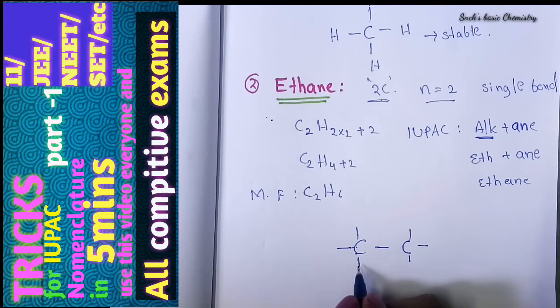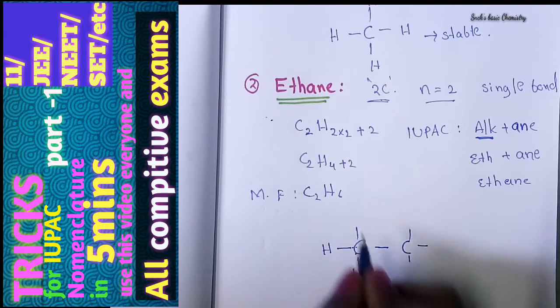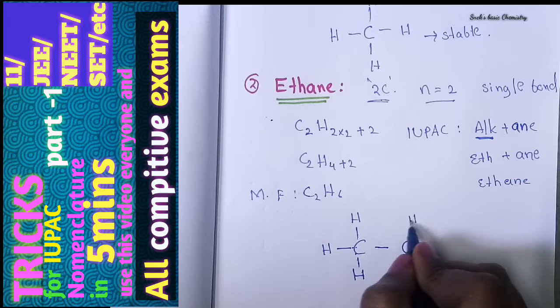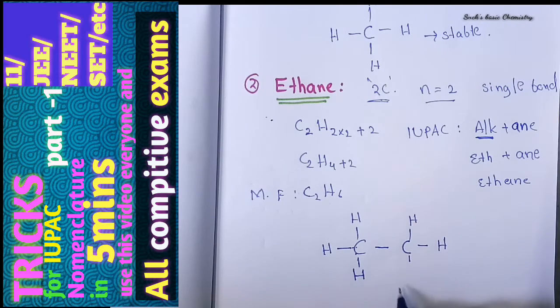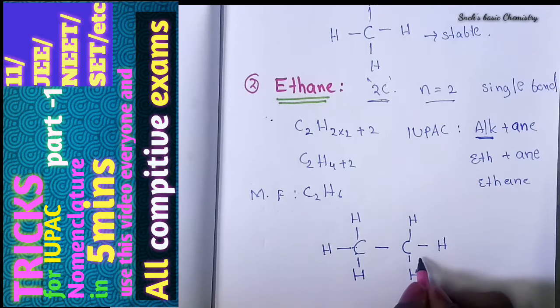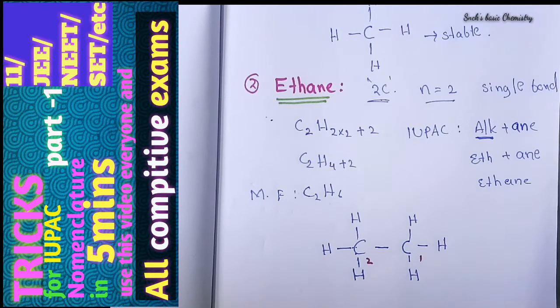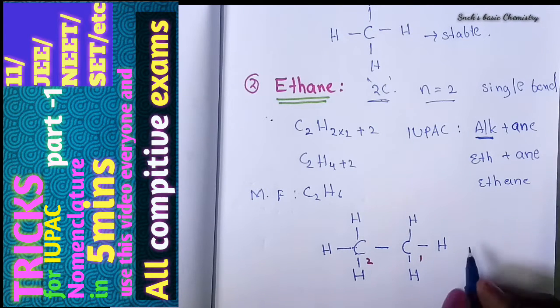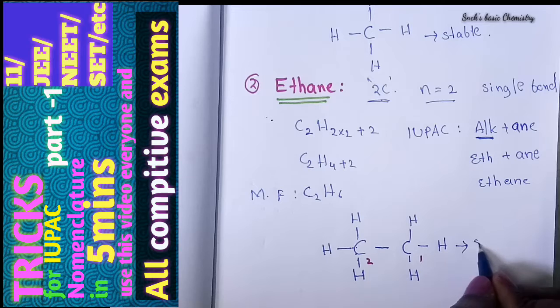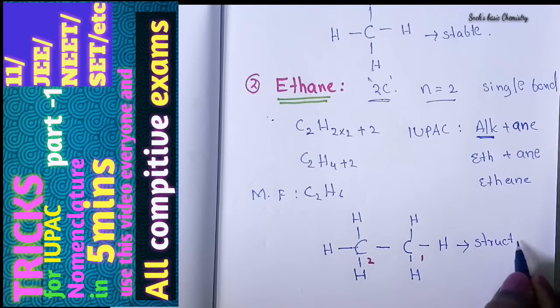Write down the hydrogens: 1, 2, 3, 4, 5, 6. So there are 2 carbons and 6 hydrogens present, and it is a stable compound. This is the structure.